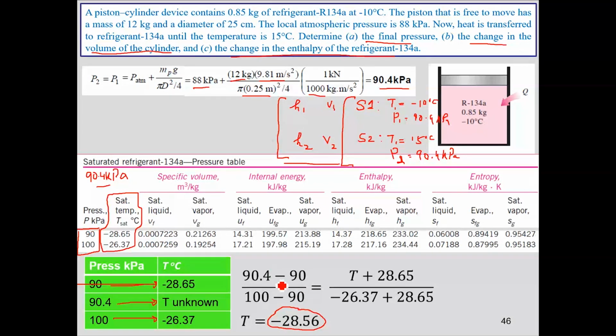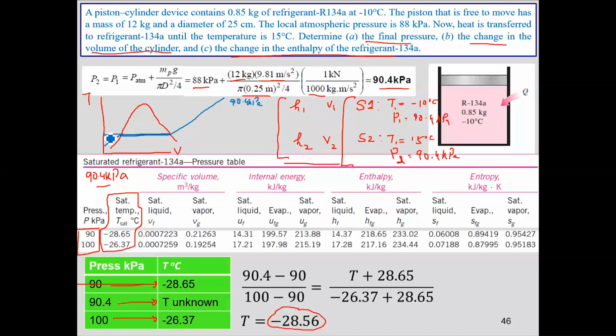Now, if this is the saturation temperature, let's say this is a temperature-specific volume plot for the refrigerant R134A, and let me draw the constant pressure line, which is the 90.4 kilopascal line.